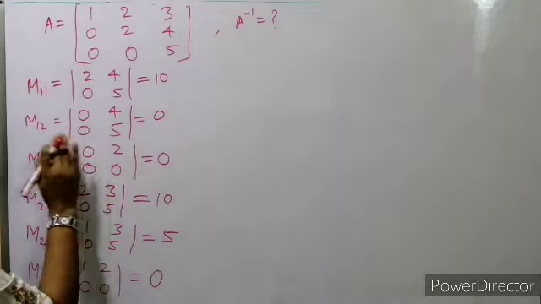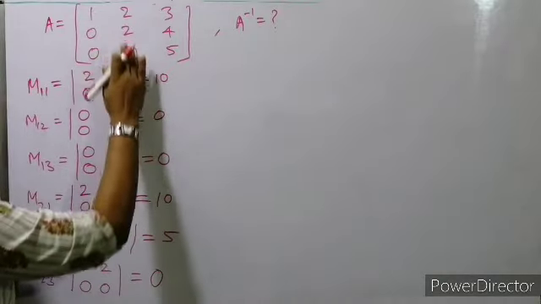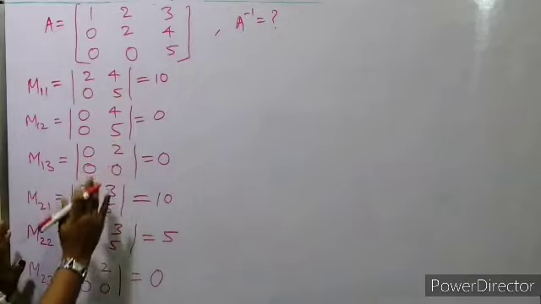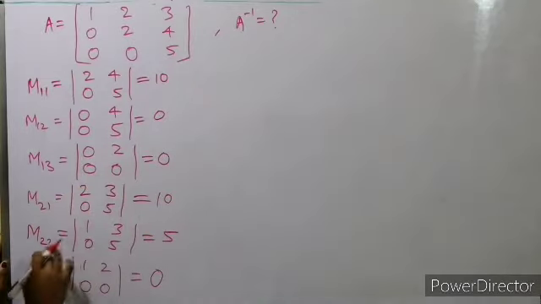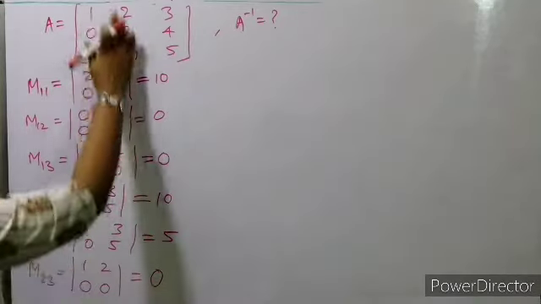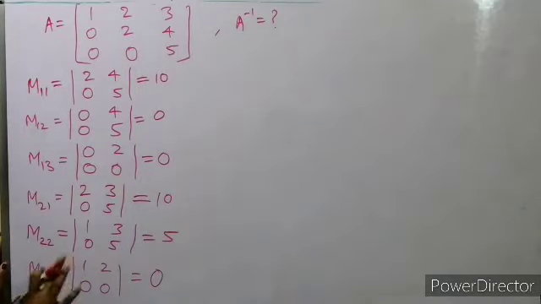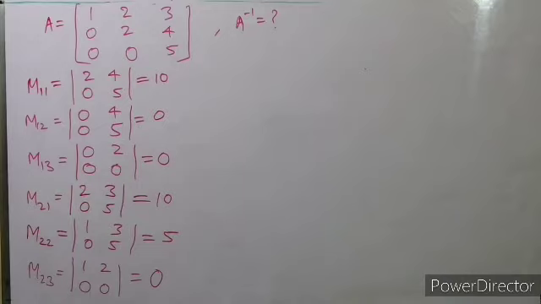See in this, first row and second column removed, we get 4, 5. And for the value 2, 2, this row and this column, 1.